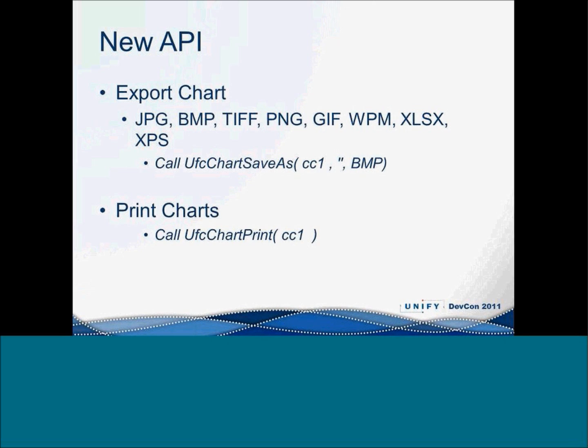So if you don't type in the file name, then the chart control will ask you about the file name with the save as dialog. And if you want to print charts, you can use pretty simple with the chart print and pass name, the handle of the chart control, and then we display or we print this chart control on a normal printer.